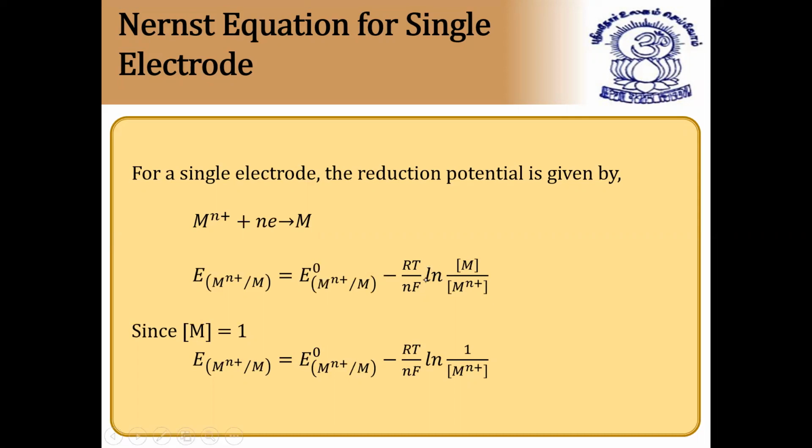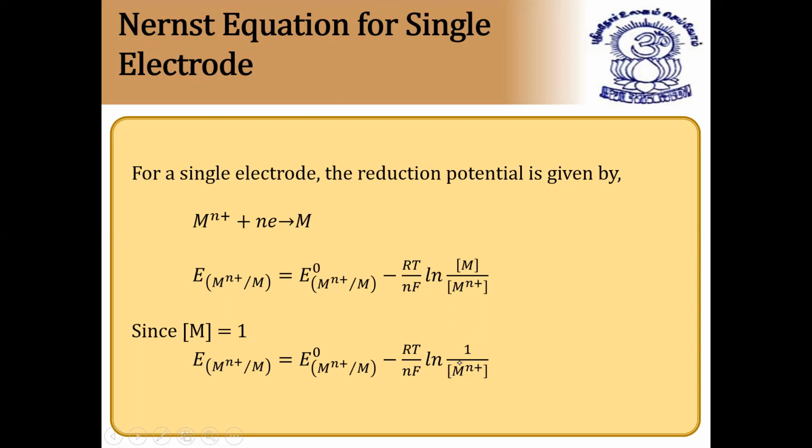Then natural logarithm of the concentration of M by the concentration of M^n+. Since the concentration of M cannot be there because it is a solid, and usually metals are solid, we will take it as unity, that is 1 by M^n+. So this is the representation to calculate the EMF of the cell by using the Nernst equation. This is called the Nernst equation, also called the Nernst equation for a single electrode.